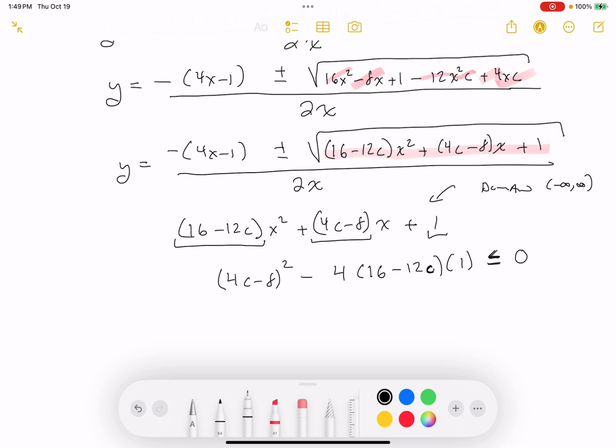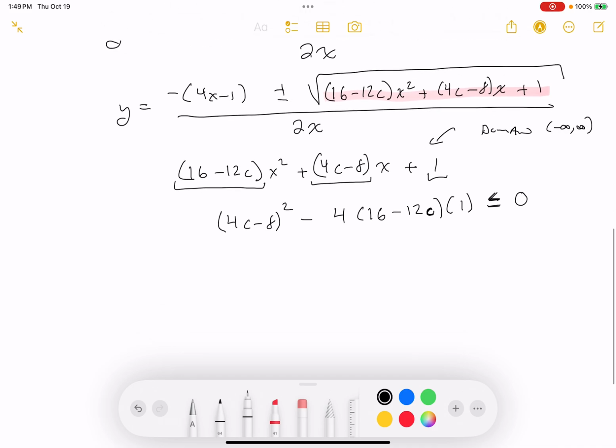So what's it going to be? Oh boy, this could turn out to be a nightmare, right? So you get 16c squared. Let's see, 4 times 8 is minus 32, so minus 64c plus 64 minus 64, let's see, plus 48c.